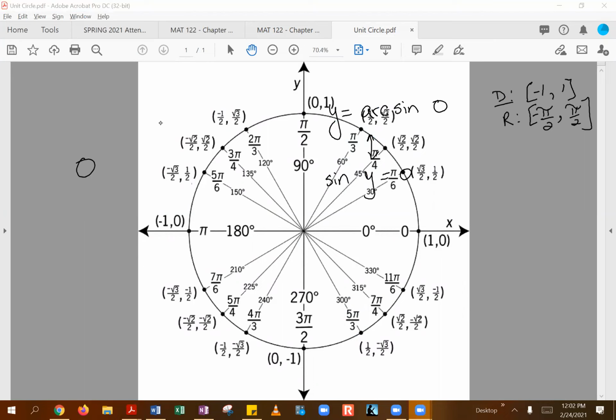Okay, so remember, since the range of your sine inverse function is -π/2 to +π/2 for our sine function, that means your domain has to be between -π/2 and +π/2, and the range has to be between -1 and 1.